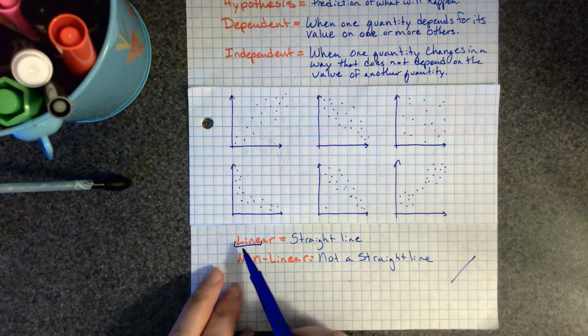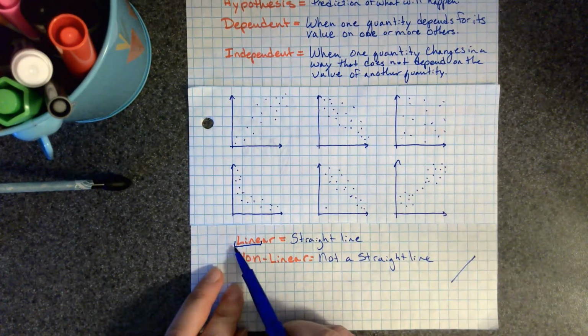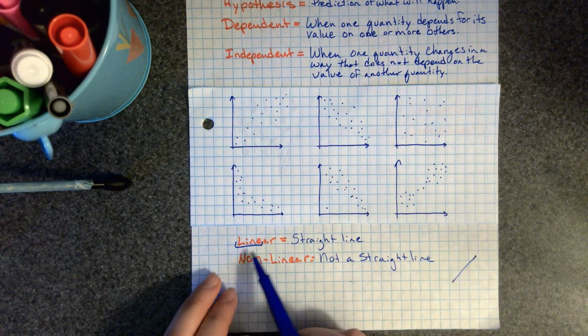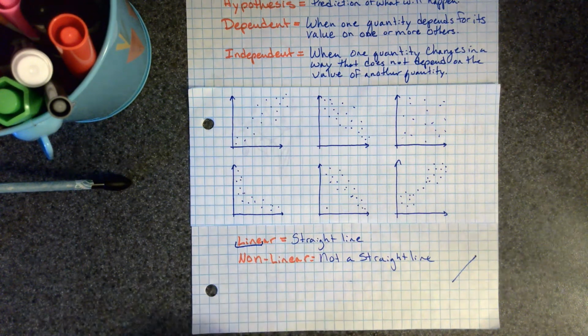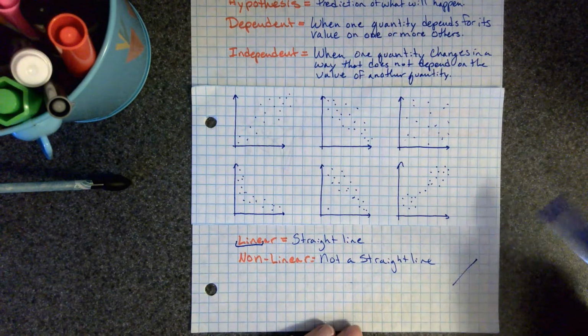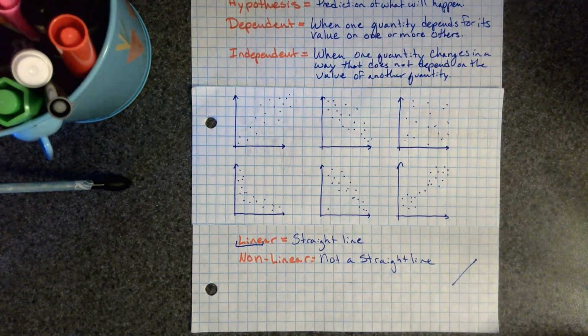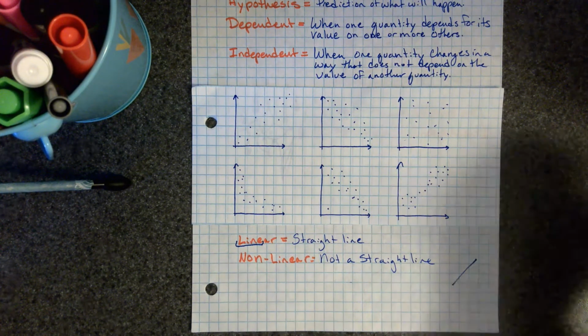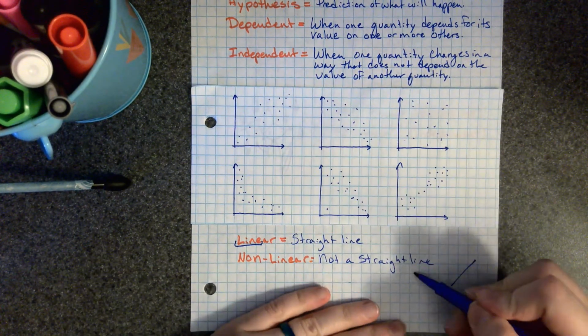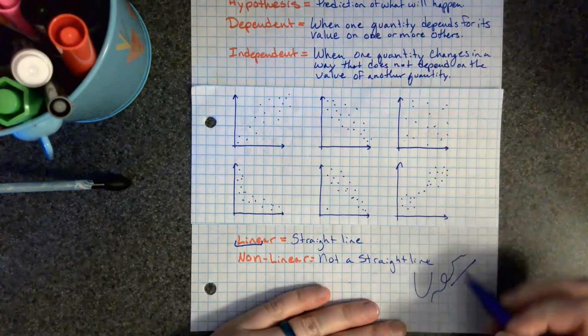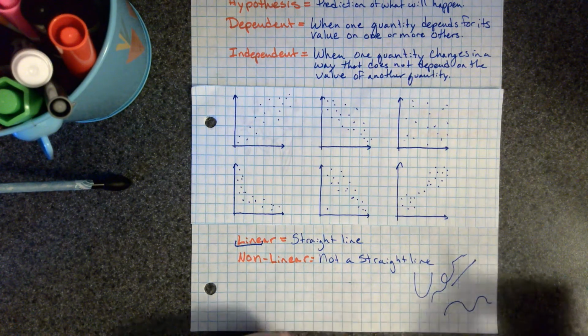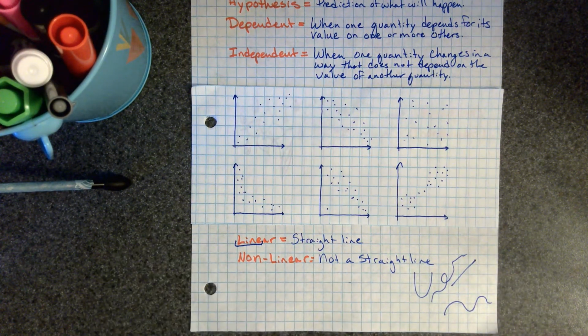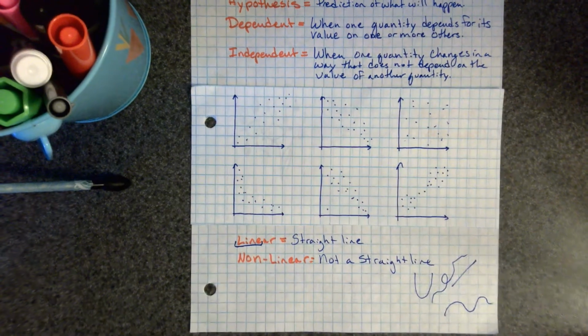I like to say there's the word line in the word linear. That's how you remember. Linear means line, specifically a straight line. Nonlinear, obviously, is not a straight line. So anything that curves, does crazy loop-de-loops, anything that does not mean straight line is a non-linear graph.